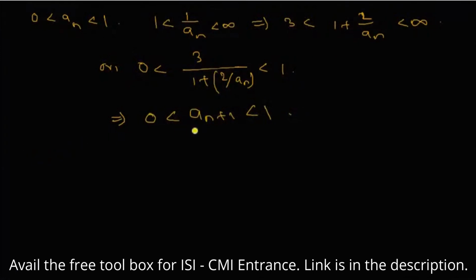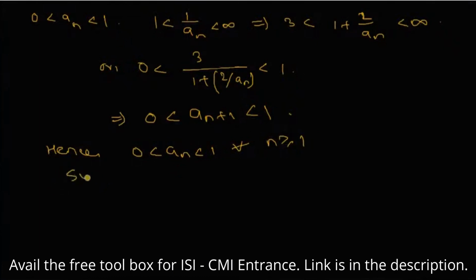So by induction, if the hypothesis is true for all k from 1 to n, then it is true for the (n+1)th term. Hence, by induction, 0 less than a_n less than 1 for all n greater than or equal to 1, right?